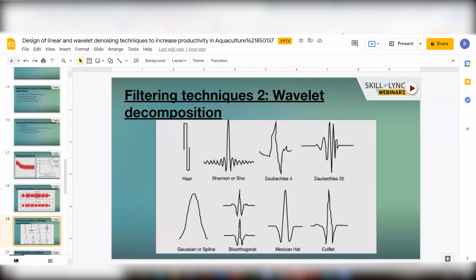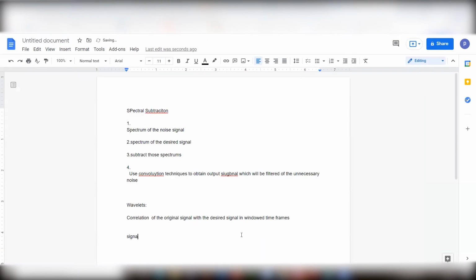Let's say, for example, signal 1 into wavelet is, say, 0.1, and signal 2 into wavelet is equal to 0.6, and signal 3 into wavelet is 0.9.